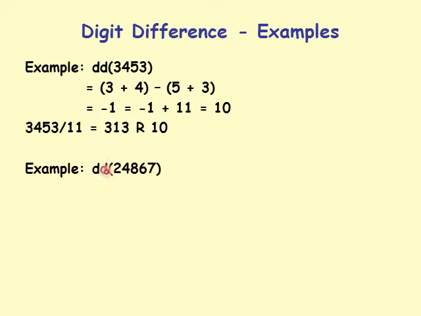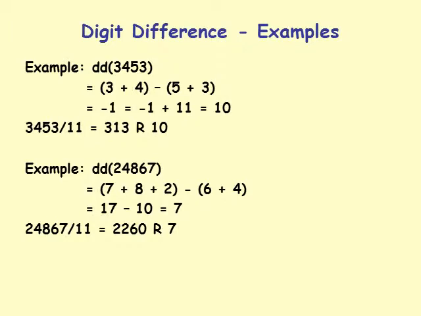Let's do another example here. DD of 24867. Now we have a 5-digit number. So the positive terms are 7, 8, and 2. 7 plus 8 plus 2 is 17, and the negatives are 6 and 4. So it's 17 minus 10, which is 7.